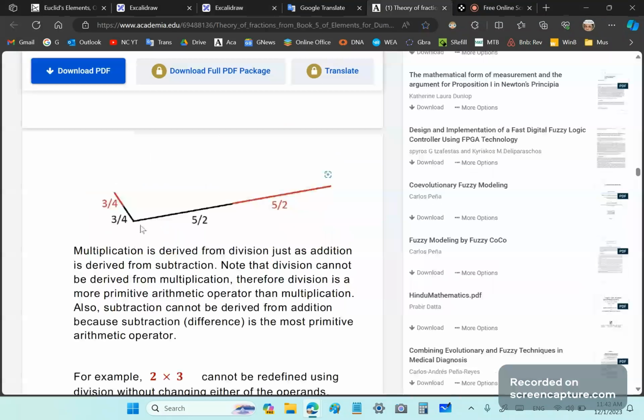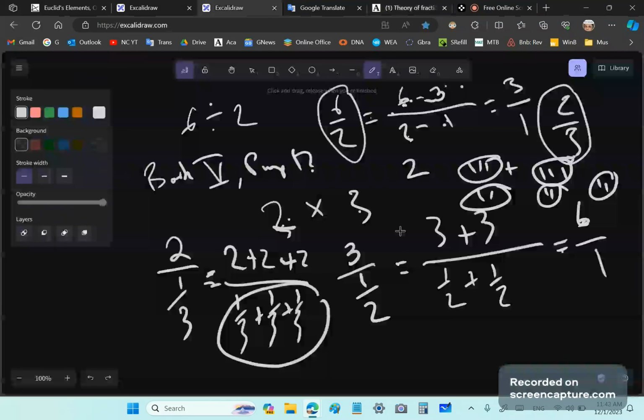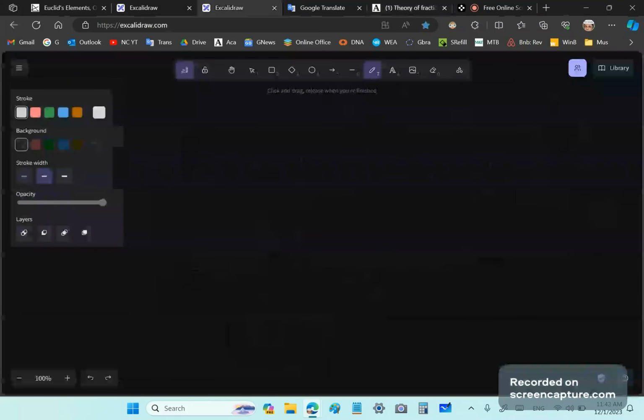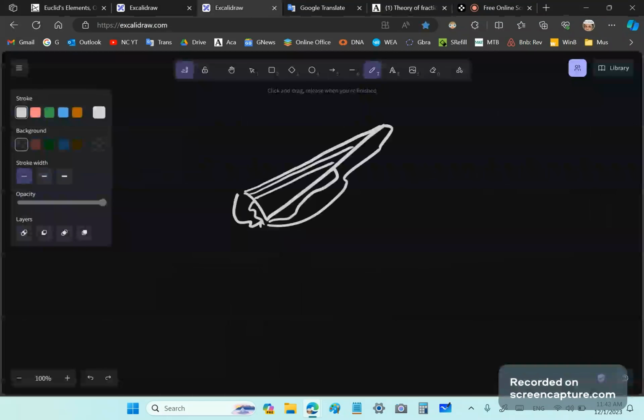Or you could say that if you have this proportion, let's reset the canvas, like that, and you draw a line linking them, then you can use any parallel line. And this section to this section will be the same as this section to this section. So the proportion is maintained.